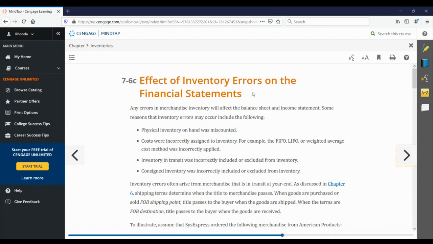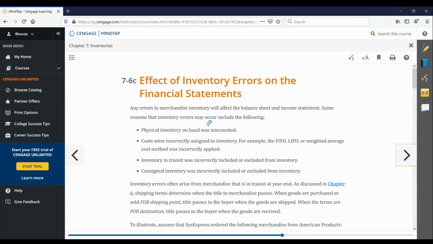If the physical count does not match the perpetual inventory records that we have recorded in our ledger accounts, then what we will need to know is that these errors can make our financial statements be reported incorrectly.